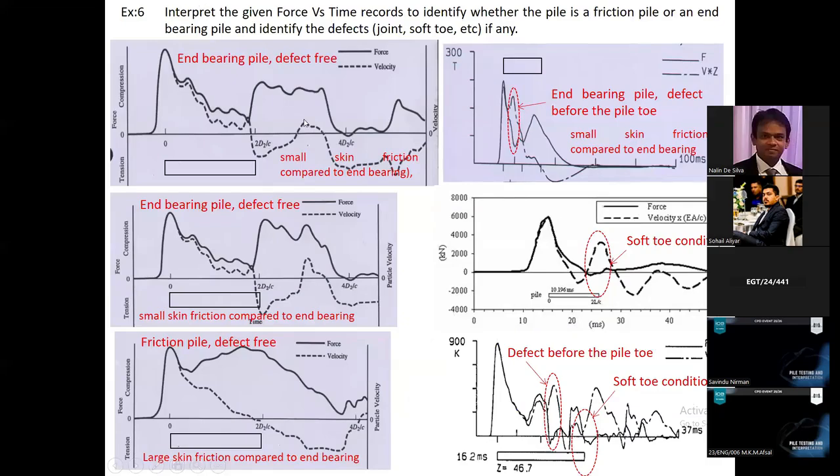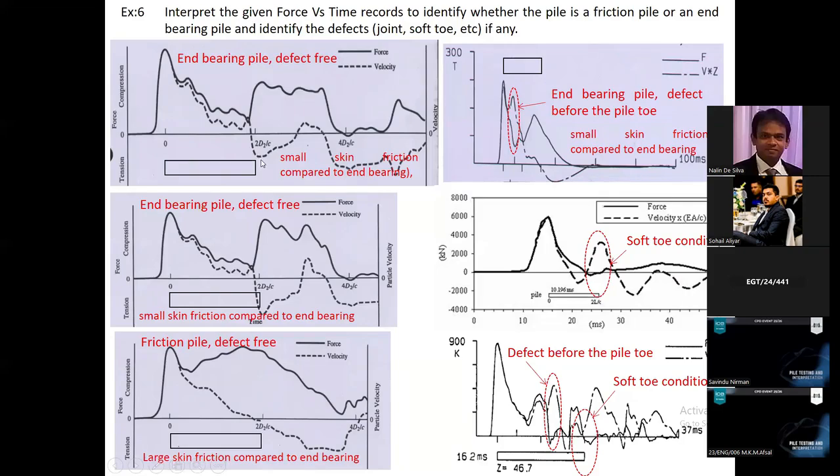So let's try to interpret some more PDA test data. This one. So you can see force record is always above the velocity record. Very small defect is there. Maybe this is almost negligible. And close to the pile toe, the force record shows a sudden increase, and the velocity record indicates a sudden decrease.